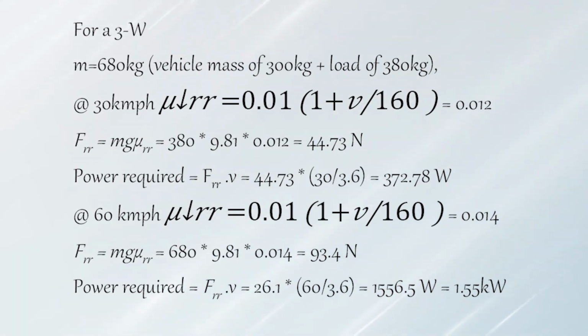So, one thing is clear from this point, that if you are using either a 2 wheeler or a 3 wheeler, maybe for an electric vehicle, which will come in the later sessions, the battery is the major part, or if we consider petrol or diesel in an IC engine vehicle, the fuel will be consumed more, because the power required will be more when you have more luggage. It is obvious from these equations.